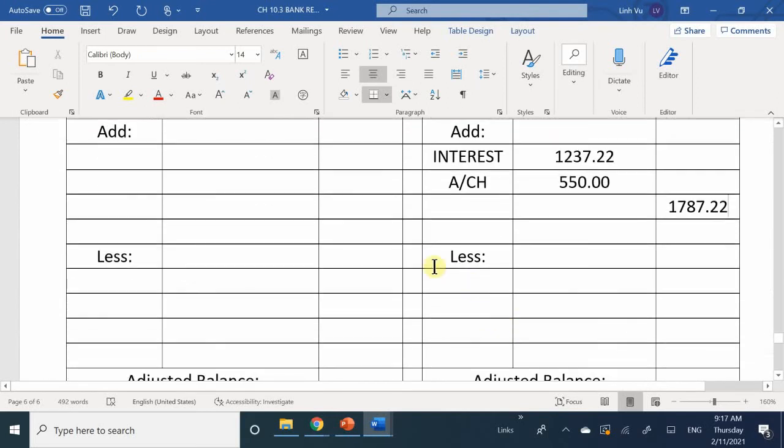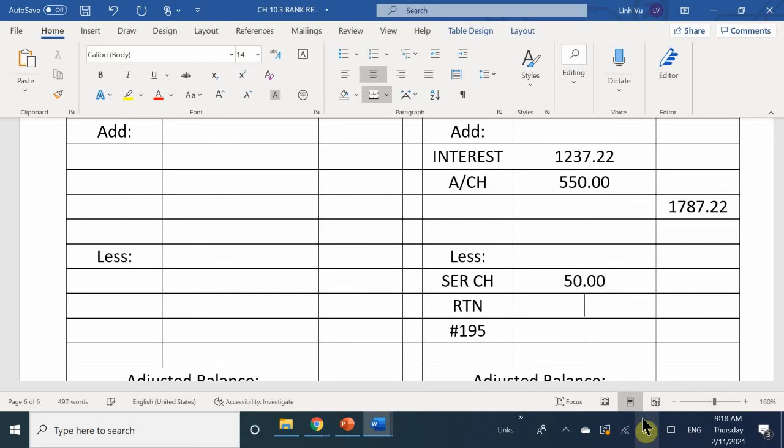So here I got service charged. I got a return check, and I have number 195. Okay, so my service charge was $50. My return check fee was $10, and my check that got returned was $850.